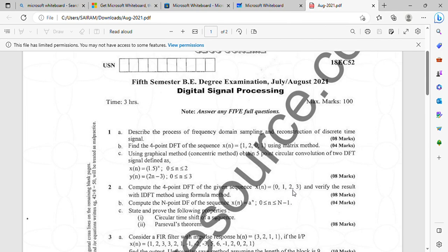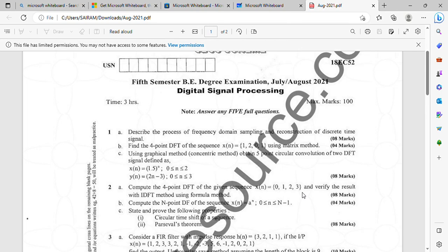In that you have one question on the matrix method, that is this particular question, and I have taken another different question on the matrix method, that is the problems on the matrix method I showed you. The third one is what I taught you yesterday, that particular 4-point DFT question, and the IDFT problem, taught by using the matrix method.